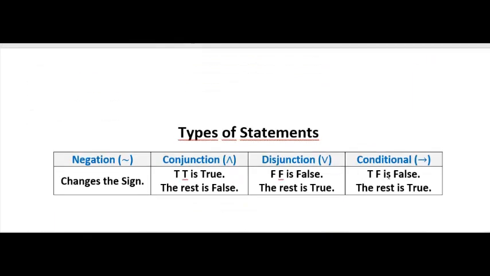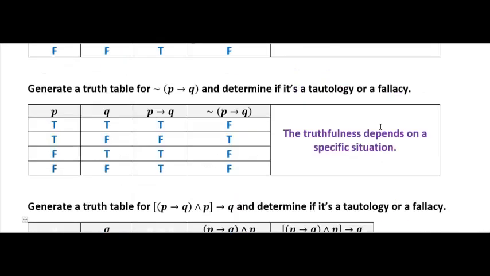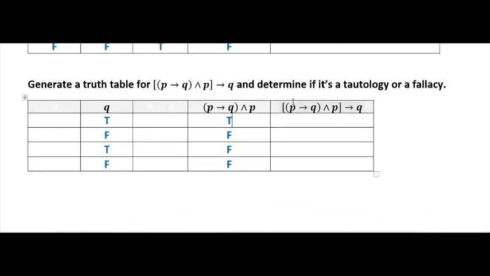The rule of the conditional is that if I have a TF, then it's false. Now remember that TF means T for the first one and F for the second one, so you need to remember which one is the first one and which one is the second one. If you see the exercise, the first one is the conjunction, so I'm going to focus on this one first, and the second one in the exercise is the Q.